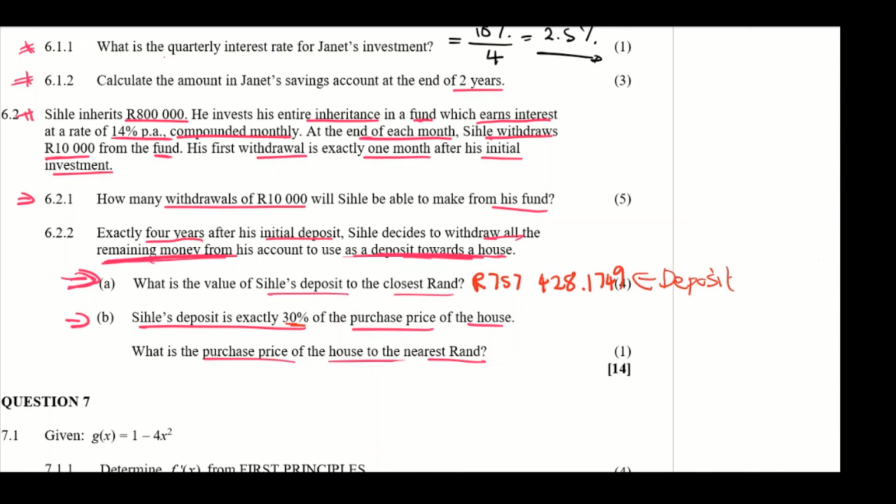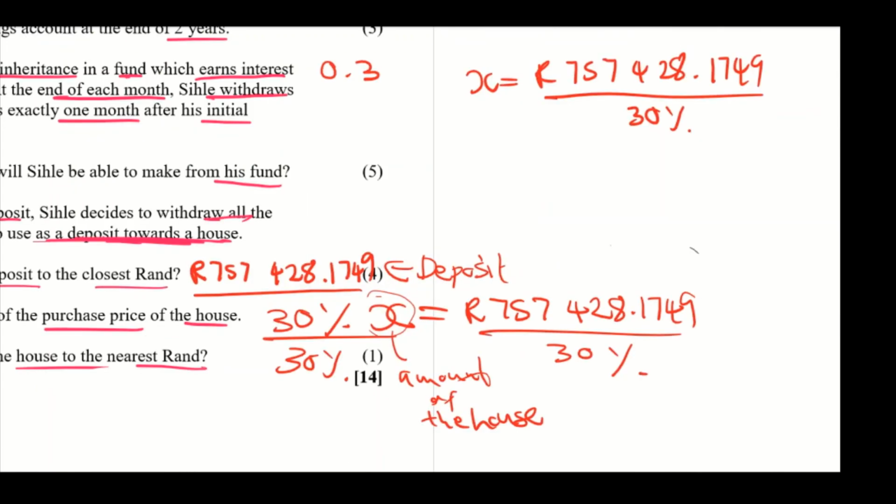Remember, you need to either punch 30% in your calculator as a percentage or as 0.3, right? Then the answer that you need to get is 2,524,760.583. So this is the amount of the house.